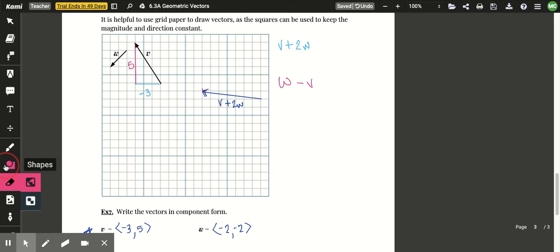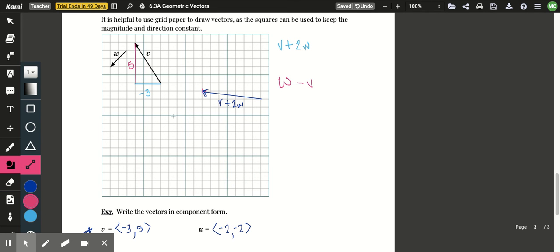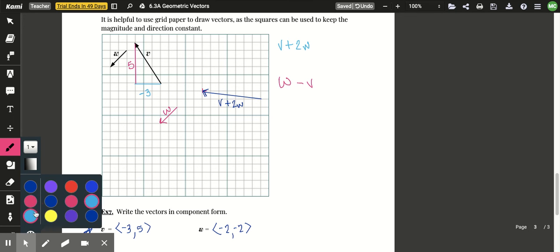I'm going to start vector w right here. Go down and to the left. And then the direction will head on it there. So that's vector w.